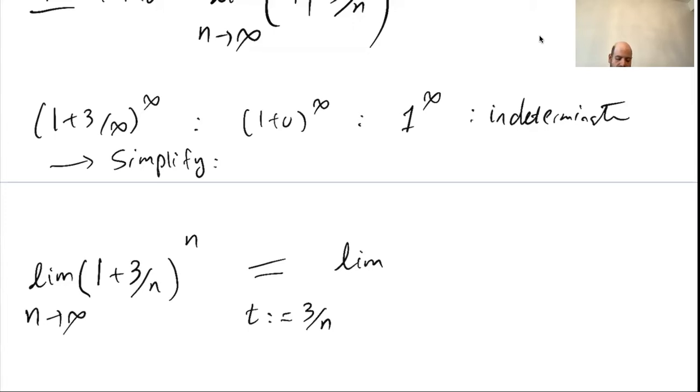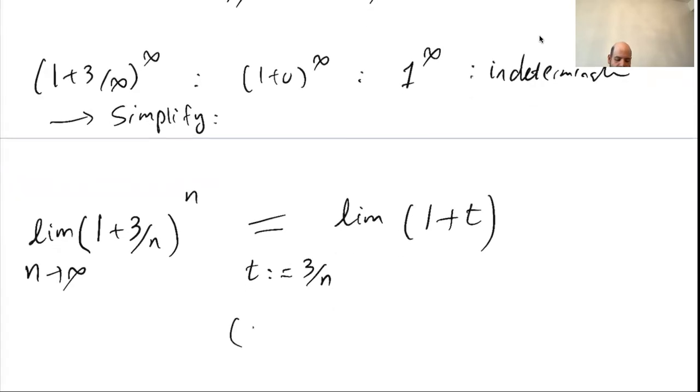So 3 over n, I called it t, so 1 plus t to the power n. Now what is n? Because t is 3 over n, n will be 3 over t. So to the power 3 over t. And t goes to what? The original limit says n goes to infinity.